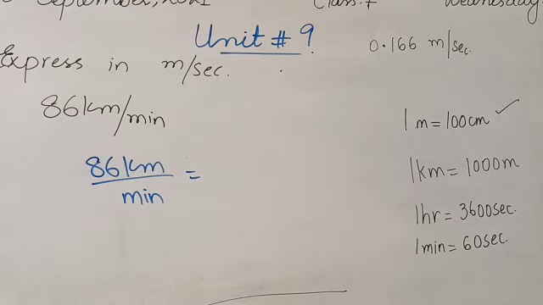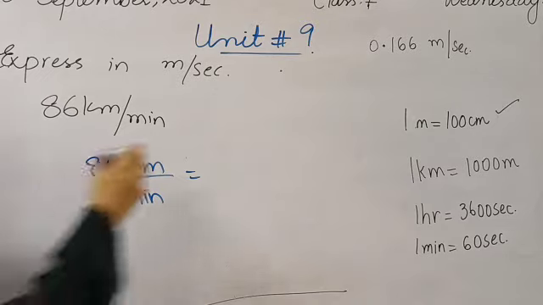The conversion factor for kilometer to meter is multiplied by 1000. And minutes into second is 1 minute is equal to 60 seconds. So this is multiplied by 60 seconds.